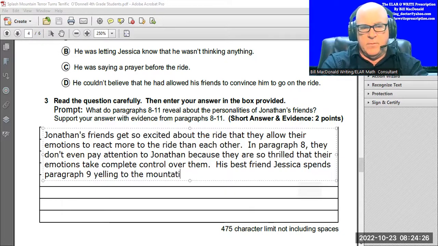So I hope that the mountain does not yell back, but she's so excited. So again, I tell you the where and I tell you the evidence, but I tell you where it is in the middle. I'm just working my way through. I'm going to use quotations this time just so you can see different ways. Dan and Chris.